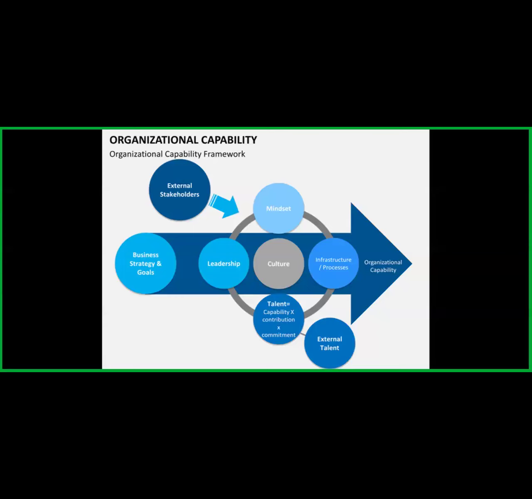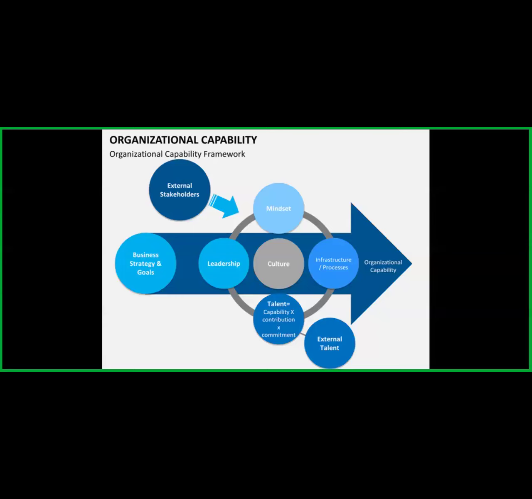What kind of talent do we need? Talent is to be capable, and then that talent should contribute to the profitability or growth of the organization, and talent shall be committed to the growth of the organization.